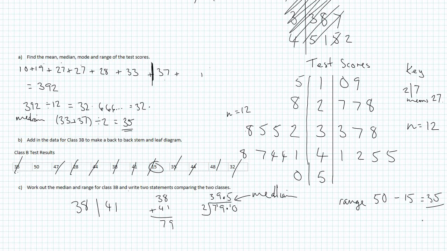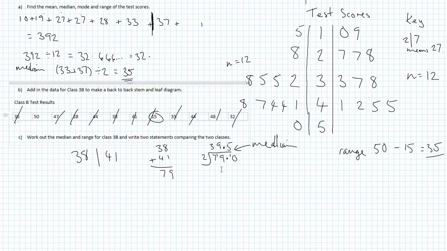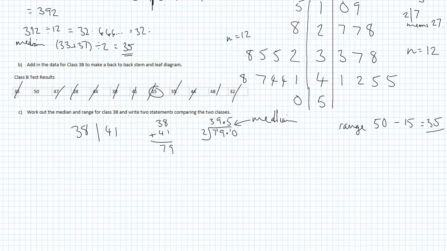And I'm going to write two statements comparing the classes. So I'm going to compare the average, that's the median, and I'm going to compare how spread out they are or how consistent. So class 3B's got a higher median. Median before was 35, here it's 39.5, that's higher.